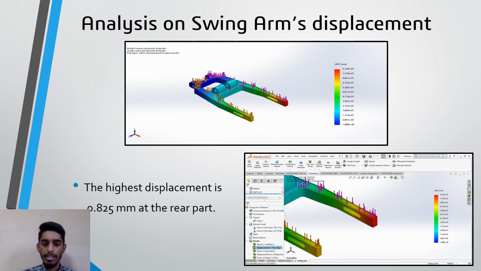But this displacement will be even smaller in real life, because during cornering, the wheel of the motorcycle tends to move upward, which will also make the swing arm displace upward, making the displacement at the end part even smaller.